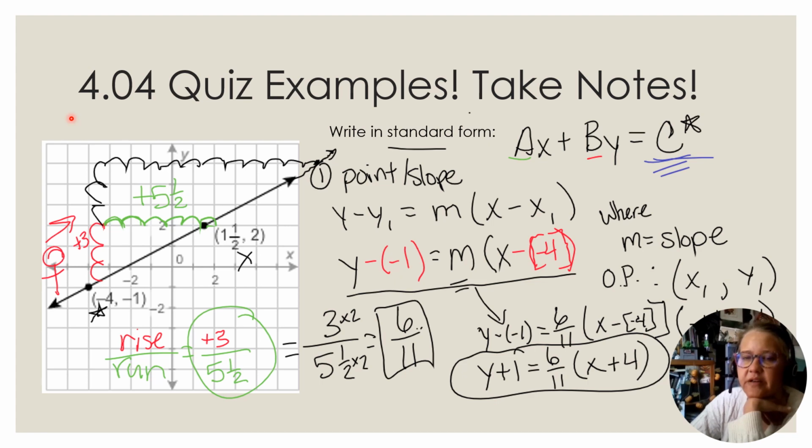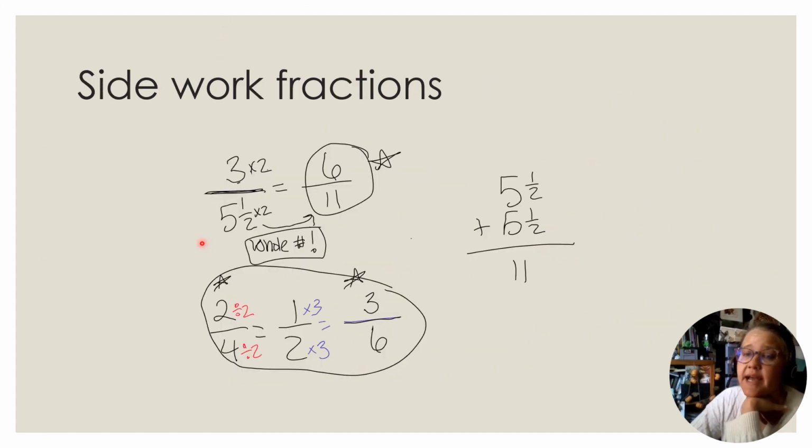I'm going to be honest, I don't ever want to look at this problem again, but that's not the answer. We just found the point-slope form here. On this slide, I do want you to take note of something interesting that we found out. Just as you can reduce fractions by dividing, you can also expand them, or increase the numerator and denominator, by multiplying.